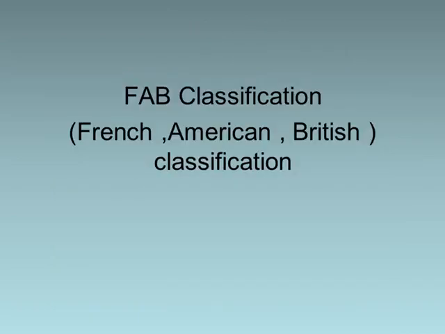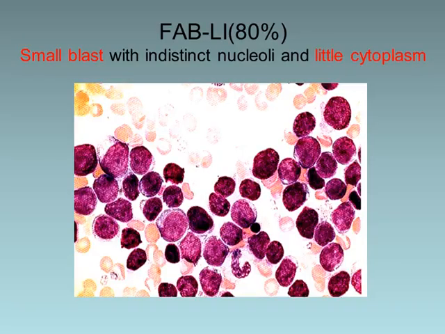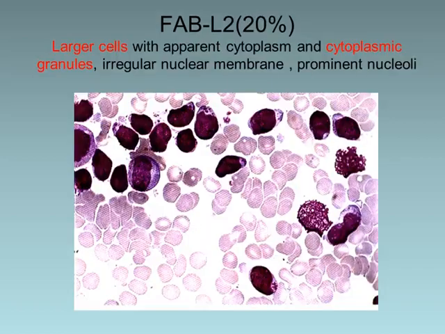The oldest classification is the French-American-British FAB classification, which classified leukemia into L1, L2, and L3. The L1 forms 80%; the blast is small with indistinct nucleoli and little cytoplasm.